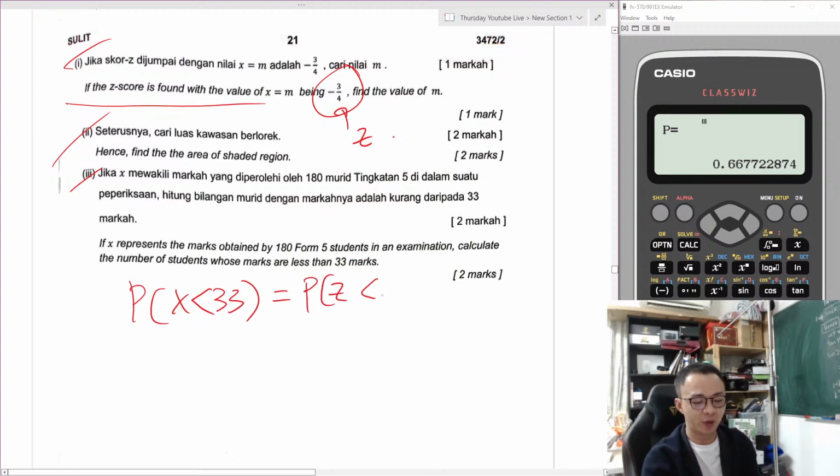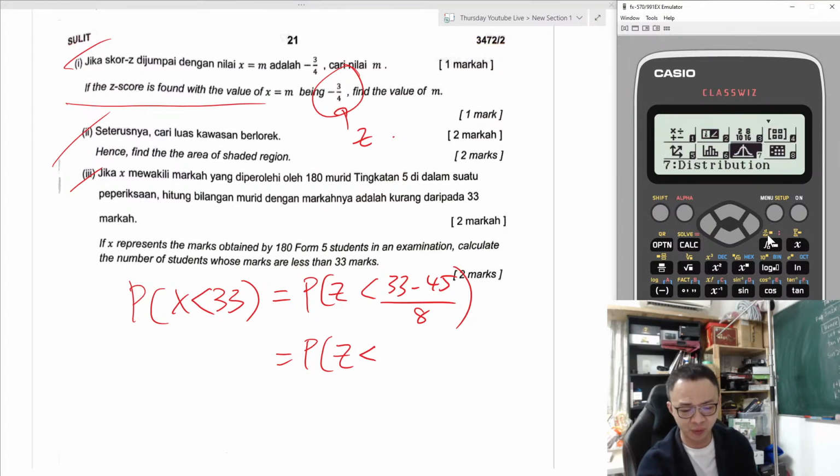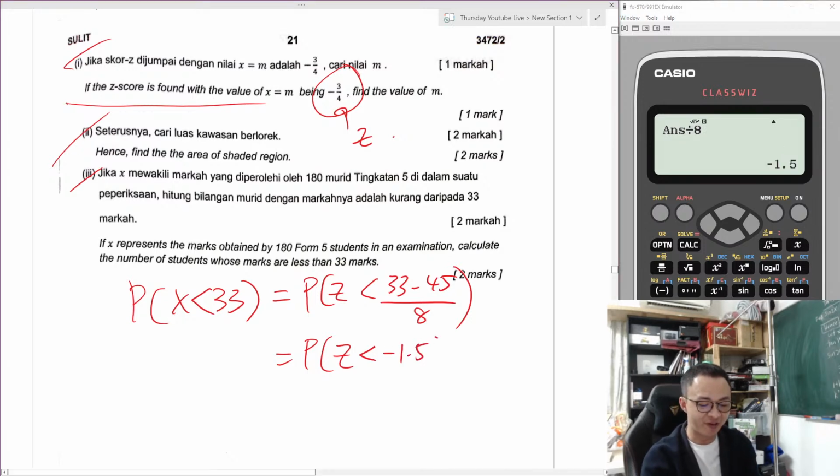It will be 33 minus the mean 45 divided by standard deviation. Okay, my math has failed. Yeah, negative 1.5, sorry. So you get negative 1.5 here.